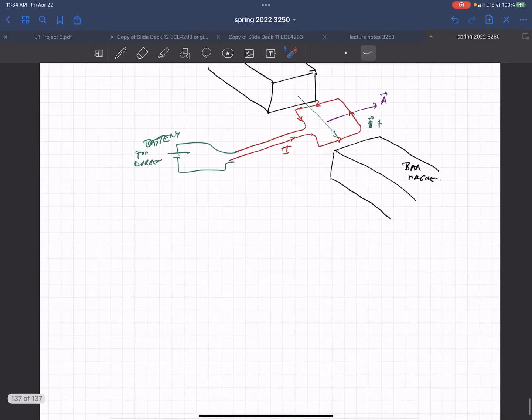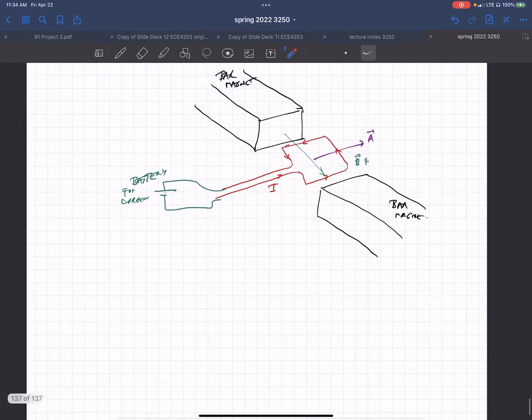This is something called a brushed motor; there are also brushless motors, but this one is with a brush. So what you would do in that case is replace this with electrodes that are half circles.